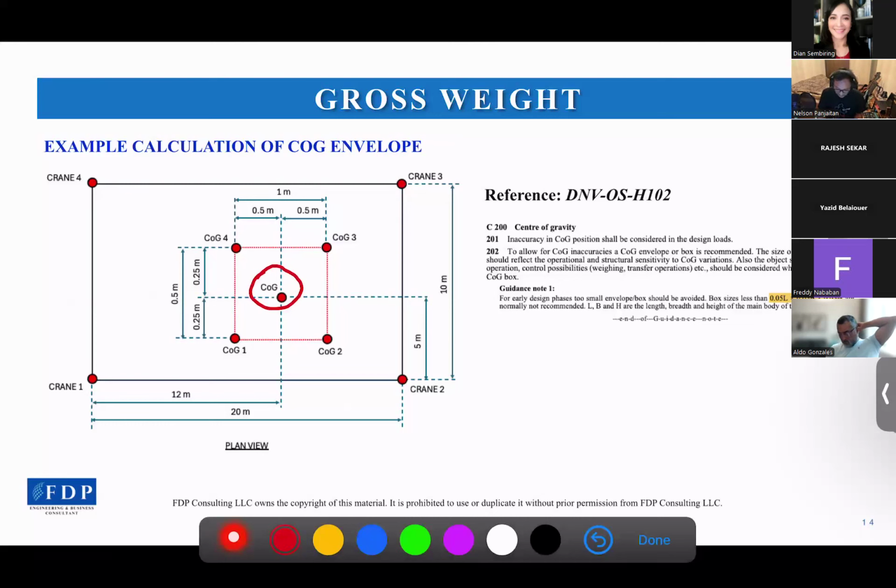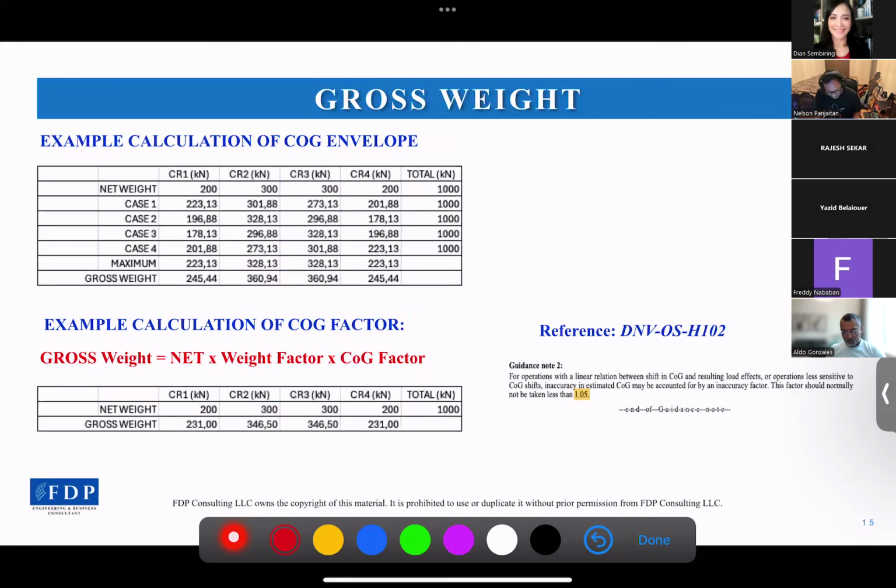Then the second case is COG 1, and then we have COG 2, 3, and 4. We should investigate all these cases. So this net weight is the crane reaction based on the original COG. Then case 1 is based on COG 1, case 2 is based on COG 2, and so on.